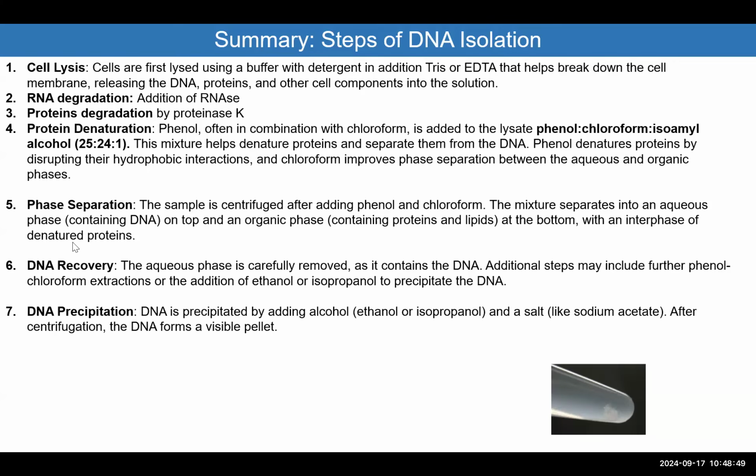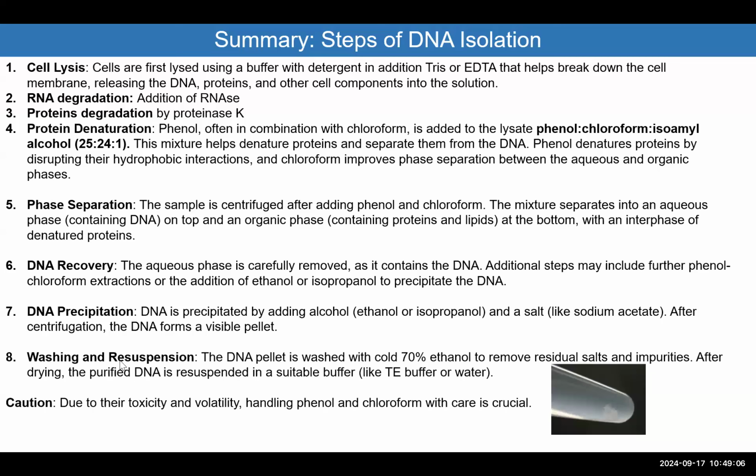After that, you will take the aqueous phase where the DNA is, and you will recuperate it. You will first precipitate it by adding sodium acetate, and then wash it and resuspend it. And you will finally get to the final DNA isolation.